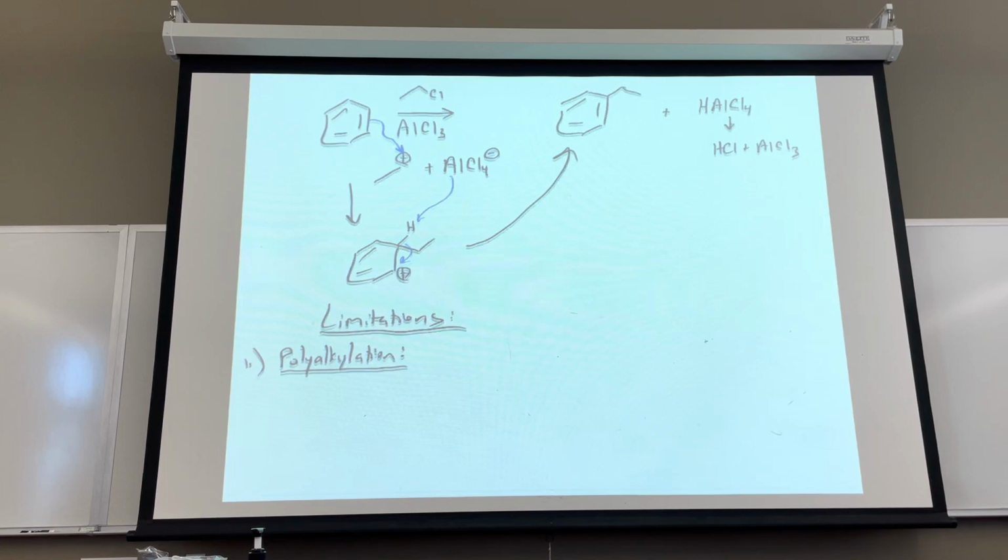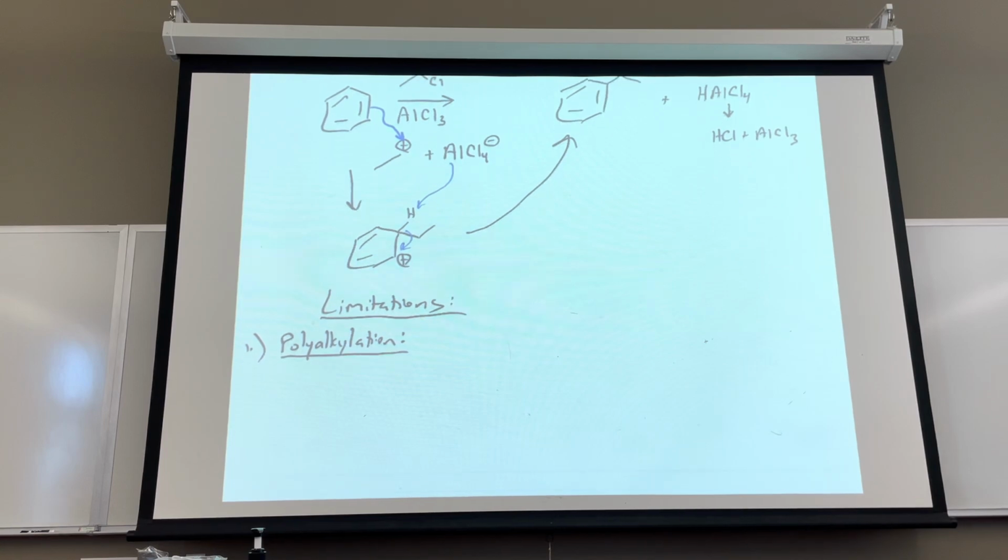So where this comes into play here is that alkyl groups are electron donor groups. But this is the whole source of carbocation stability. Right, if you think about it, why is a tertiary carbocation more stable than a primary carbocation?